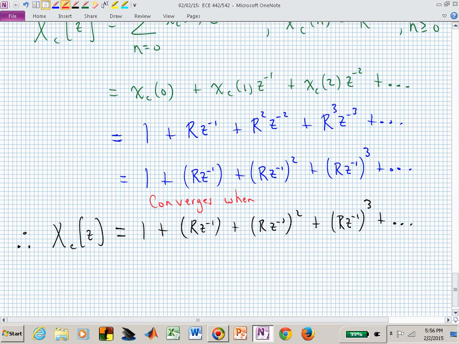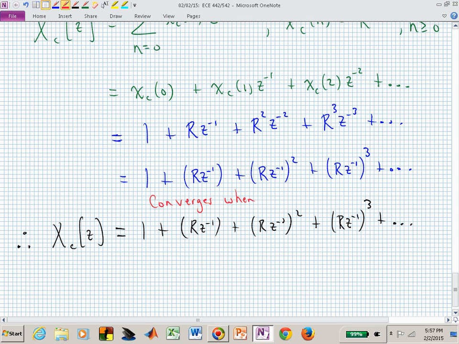If you thought of this as 1 plus x plus x squared plus x cubed plus x to the fourth, what would you need property-wise to know that that's going to be a converging sequence? What do you know about x? X needs to be less than 1, doesn't it?